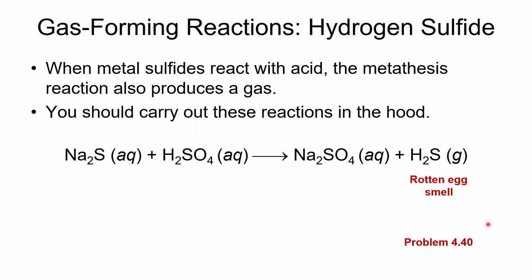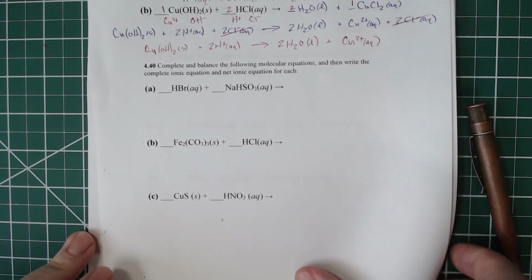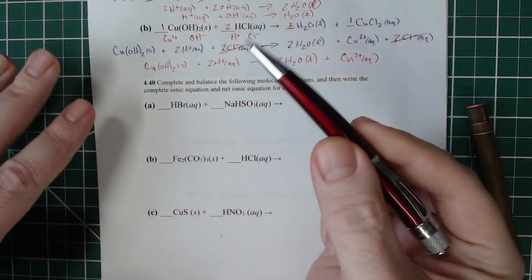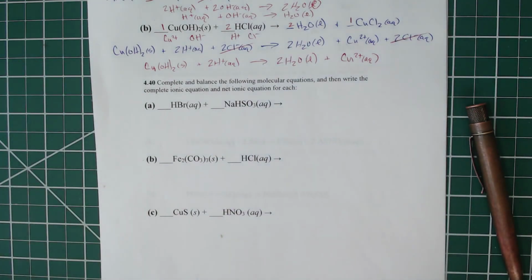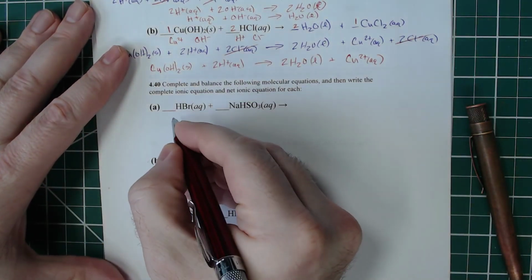Let's look at number 40 on the in-class assignment. Just like before, I'm going to write out the ions right below it.